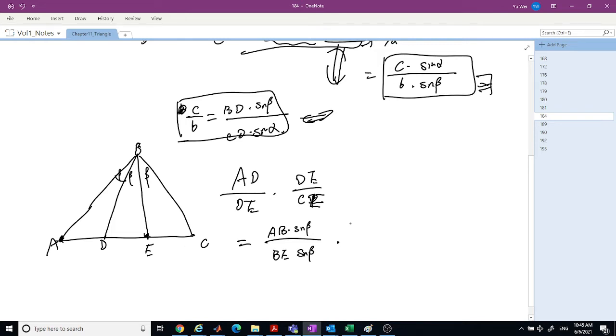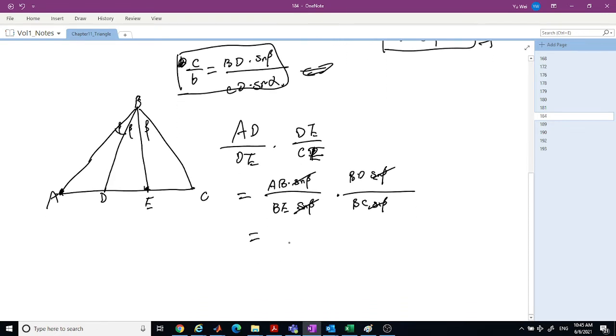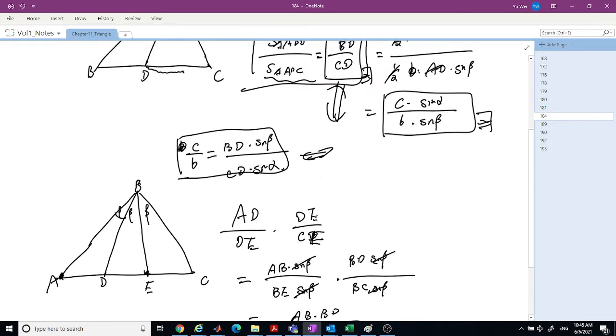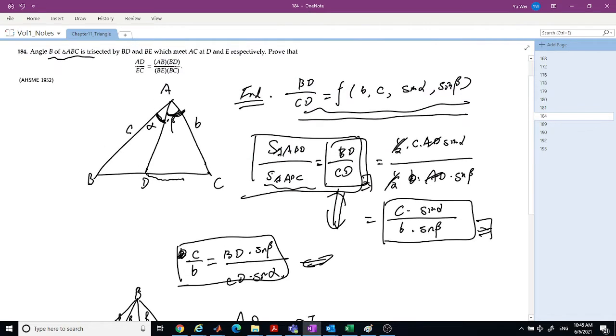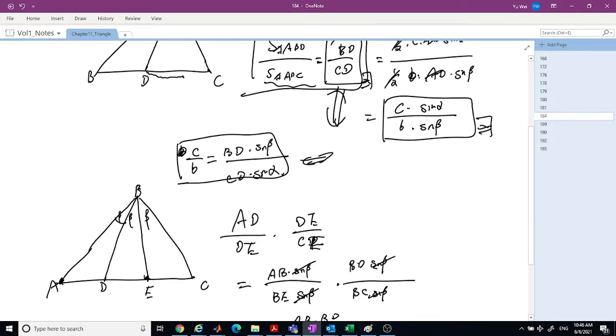DE is BD times sine beta over BC times sine beta, right? You can see all the angles are the same. So you can get AB times BD over BE times BC. Okay, AB times BD, BE times BC.